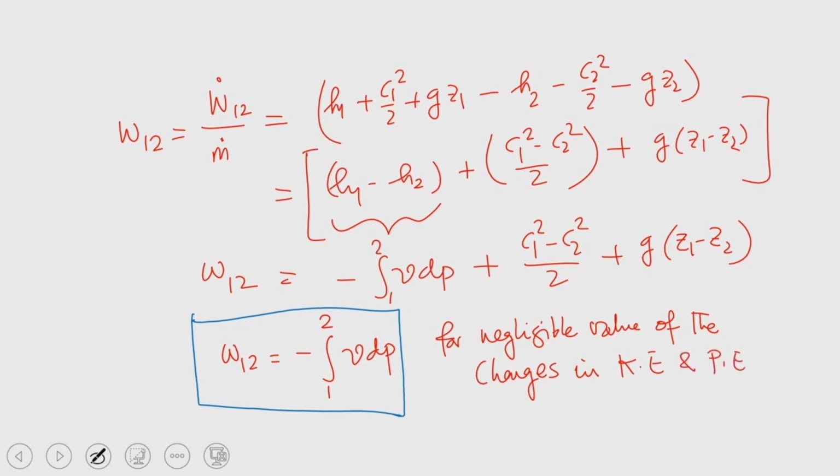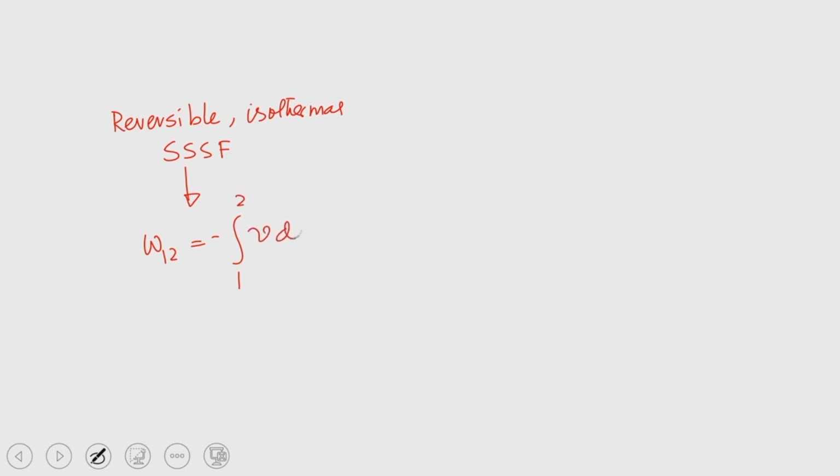So for a reversible isothermal steady state steady flow process, the work done W1 to 2 equals minus integral 1 to 2 VdP.